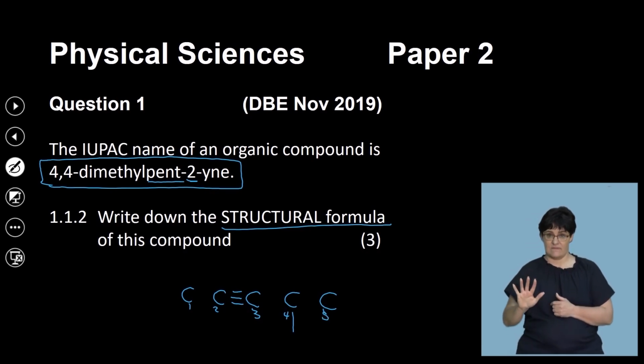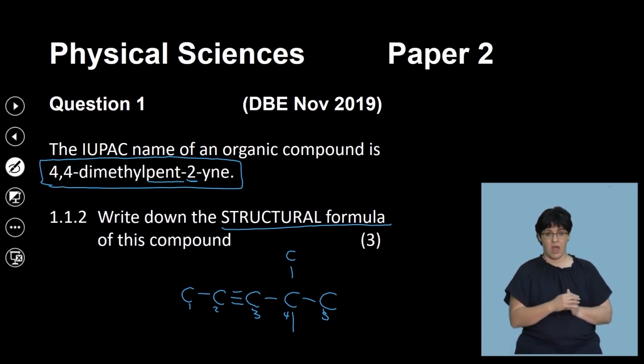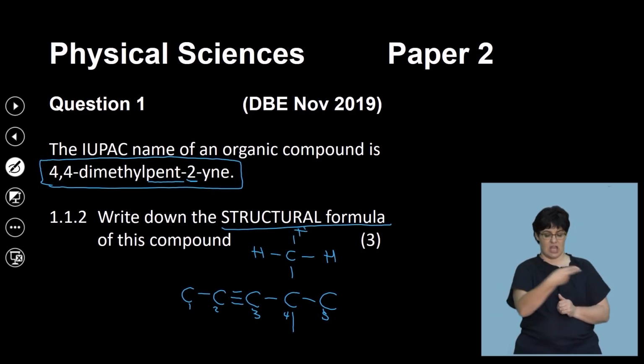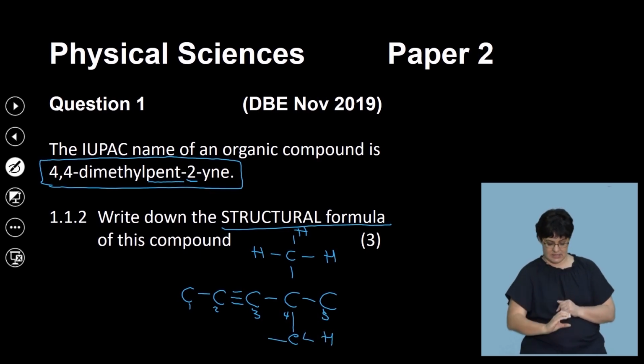Each carbon atom must have 4 bonds around it, so at carbon atom number 4, we've got 2 methyl groups. That's the first one, whichever comes first, and then we've got another CH3.